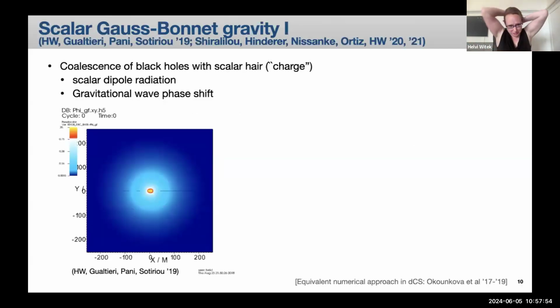And I know many of you may have seen this animation already, where we took two black holes in this scalar Gauss-Bonnet gravity, where our black holes have scalar hair. And what I will show you in the animation is the evolution of the scalar field driven by two black holes described by general relativity.